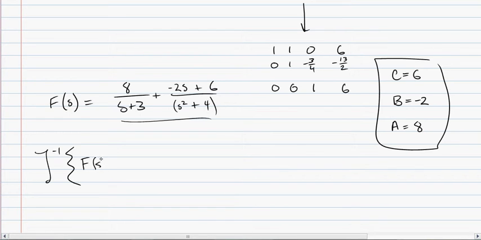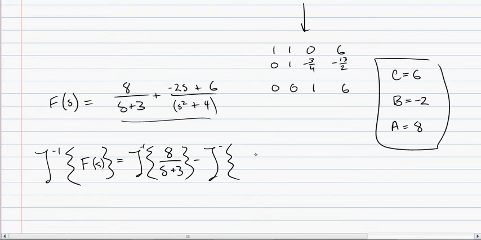Big F of s is equal to the inverse of 8 over s plus 3 minus the inverse of 2s over s squared plus 4 plus inverse of 6 over s squared plus 4.